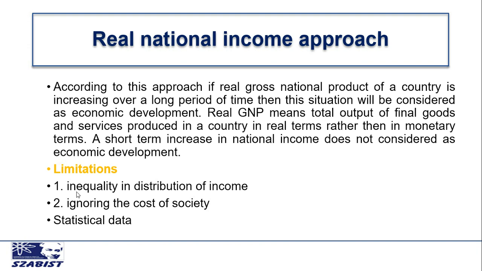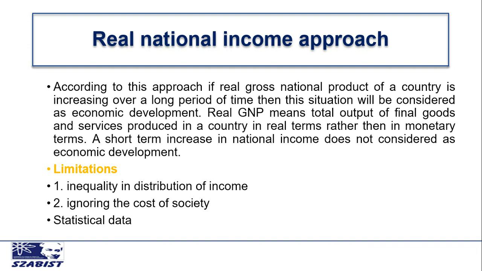First is inequality in distribution of income. Real national income can be increased due to the increase in income of those people who are already rich. So if overall GDP increases, it doesn't mean that the living standard of every individual in the society has increased.